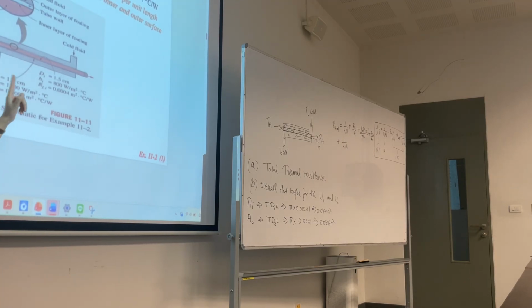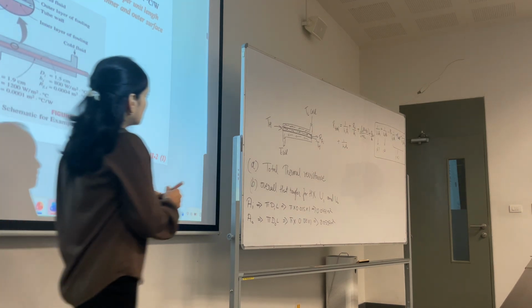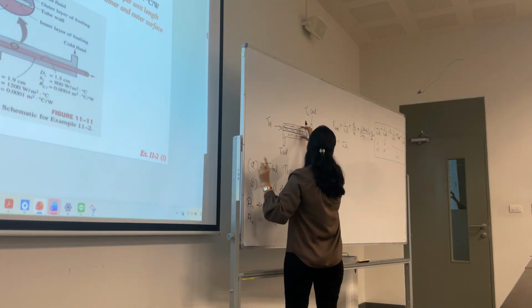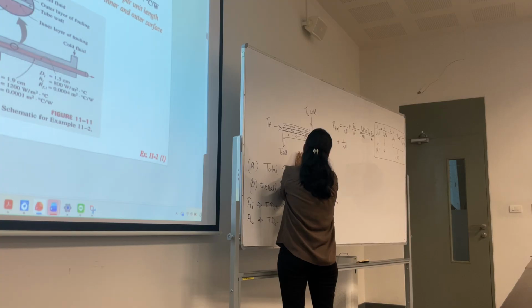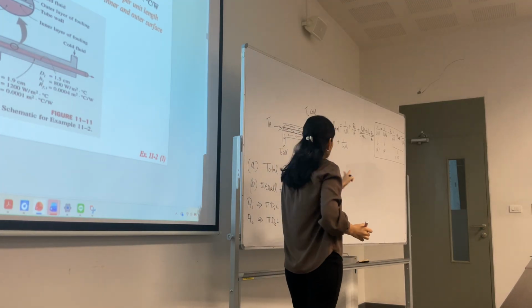From chapter 3, if you remember, if I rotate this thing, it is like this, right? So convection between the water, then this layer here is conduction, and then again here convection, from chapter 3.